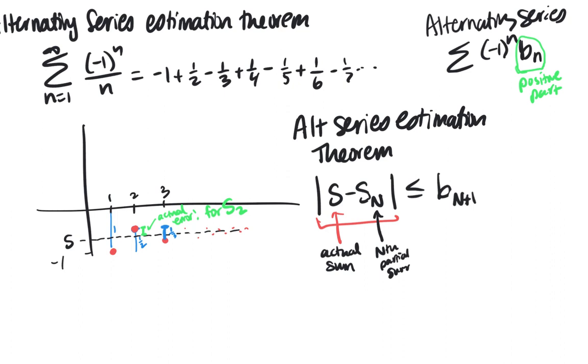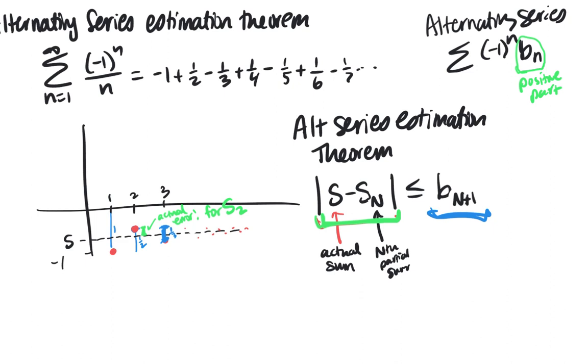It's going to go farther than the S. So this blue distance is going to be greater than that green distance, which is the actual error. So the actual error is represented by this green distance in the drawing, and the Bn plus 1 is this blue distance here. What this is saying is that the green distance, the actual error, is going to be less than or equal to that blue distance when we go from S2 all the way to the next term. It's going to go past S because it's flipping back and forth each time.